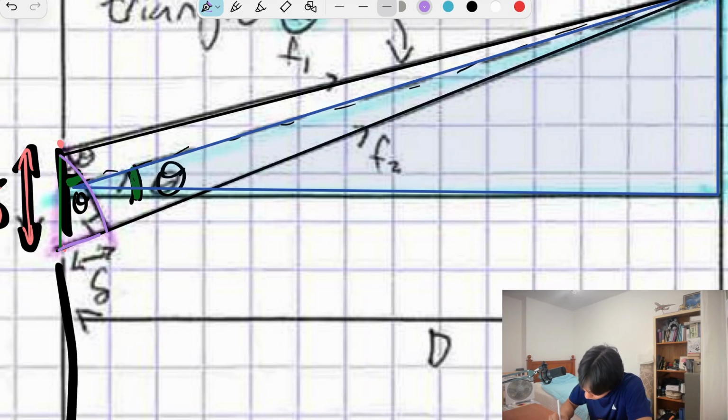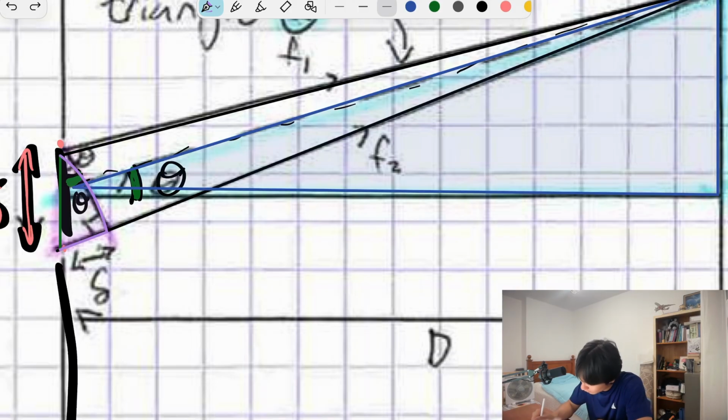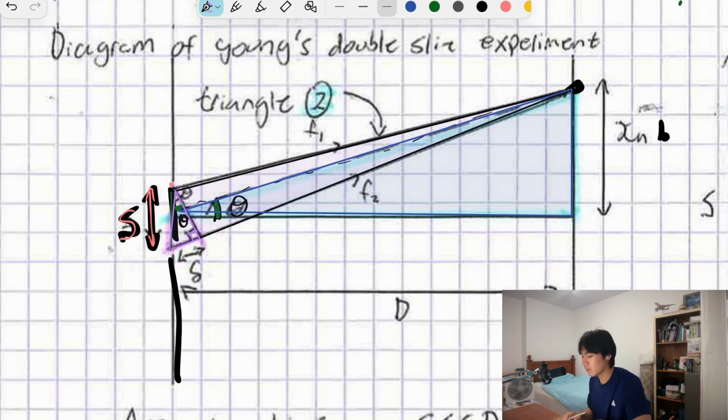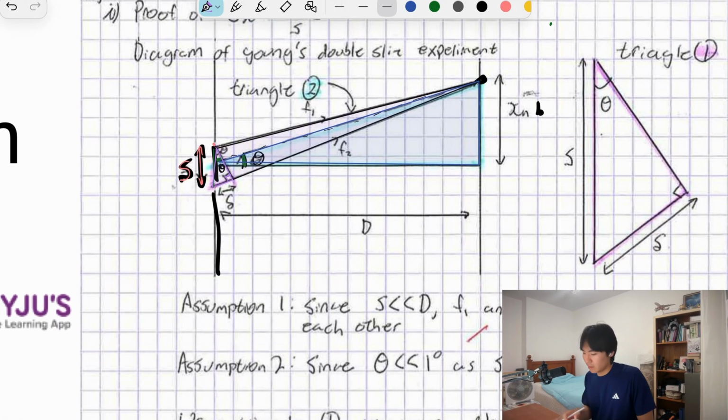That's the thing. Okay, let me redraw. These don't necessarily look like similar triangles, right? But these are actually similar triangles because of what we're assuming, okay?